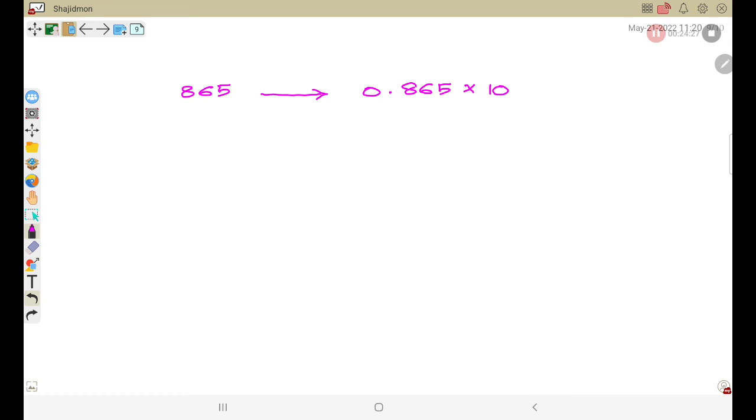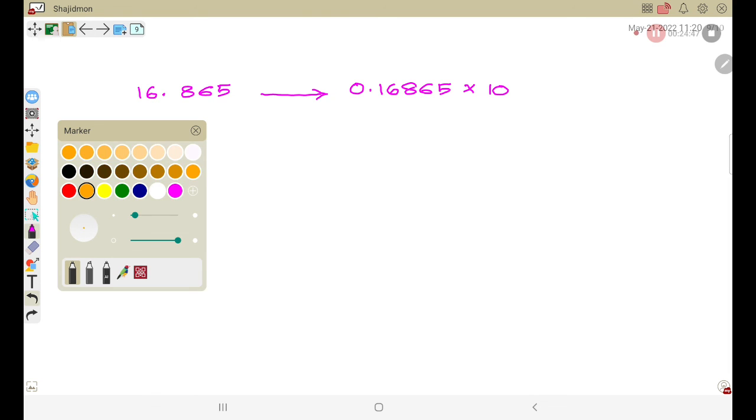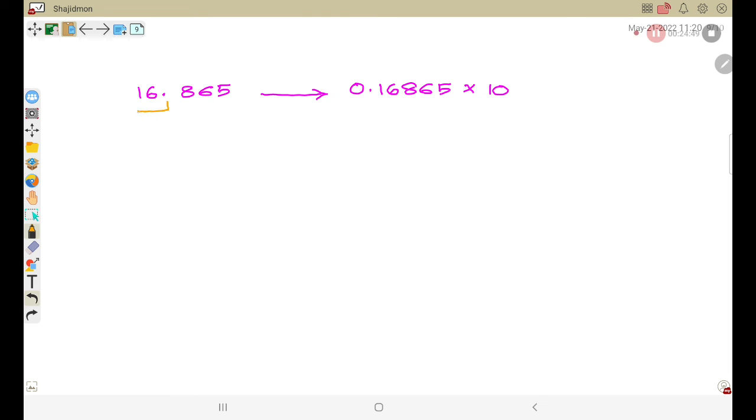For example, I am considering 16.865. So we can write 0.16865 multiply. Now you know how many numbers are coming before the point, 2 numbers. But the question is asking like multiply 10 power k.